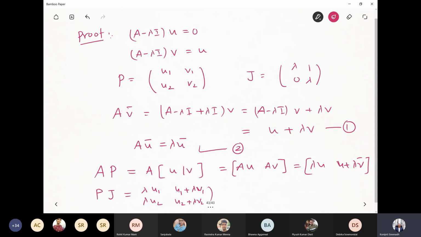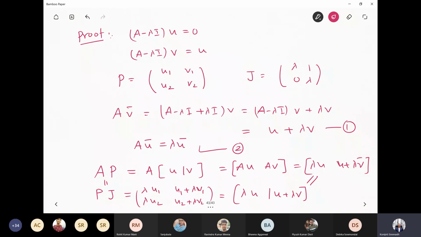And this is a matrix which is actually lambda u and u plus lambda v. See that both these things are the same. Therefore, A P equals P J, and that's the claim that we have: A equals P J P inverse.